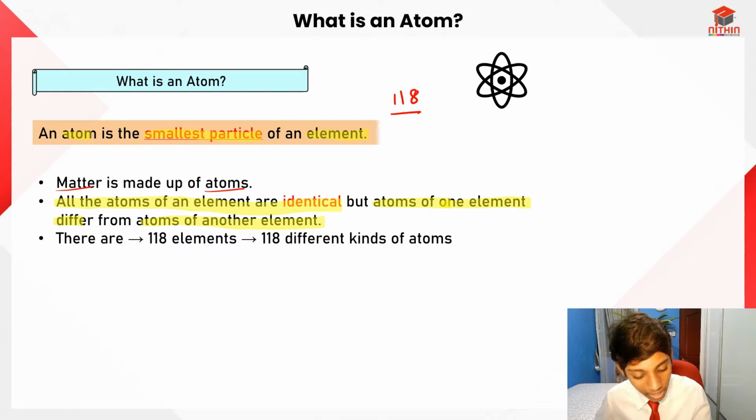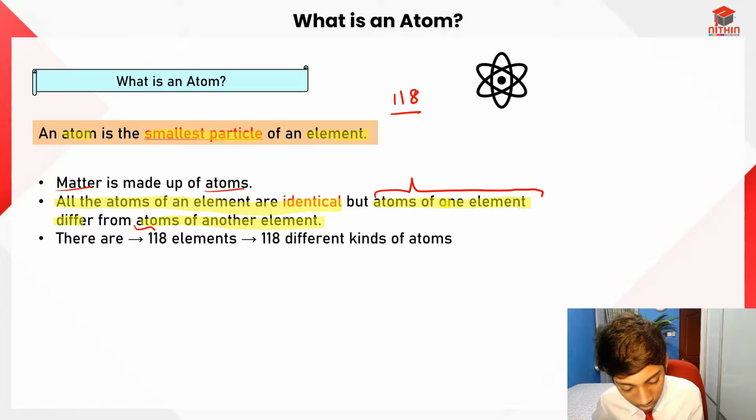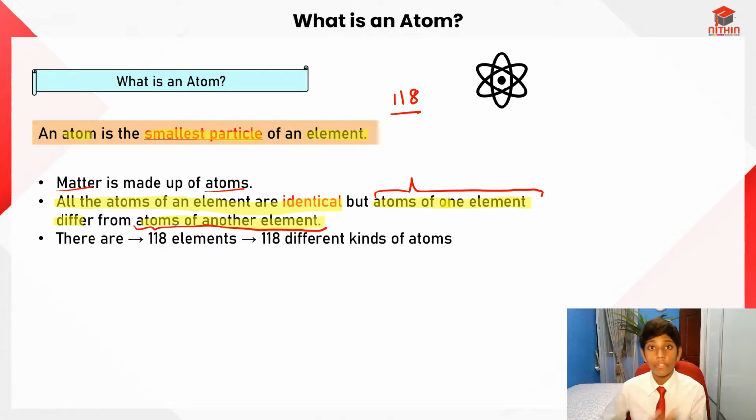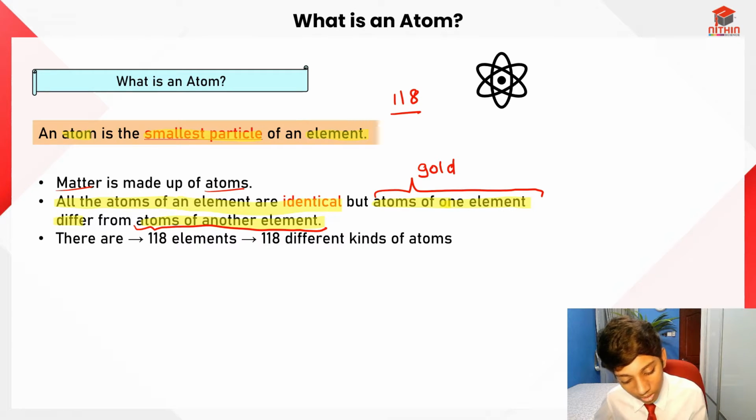For example, if this is gold and this is silver, that means that gold atoms are different from silver atoms, but they are still atoms of different elements. All gold atoms are the same and all silver atoms are the same. That's what this second point is trying to say.